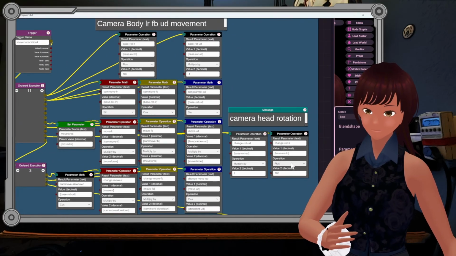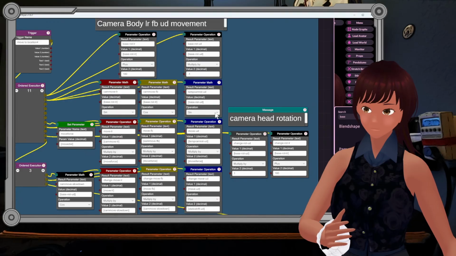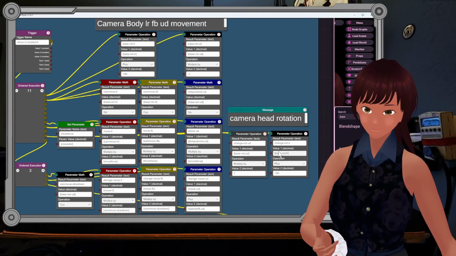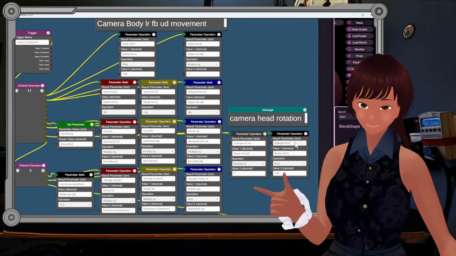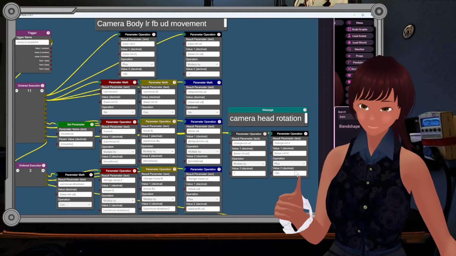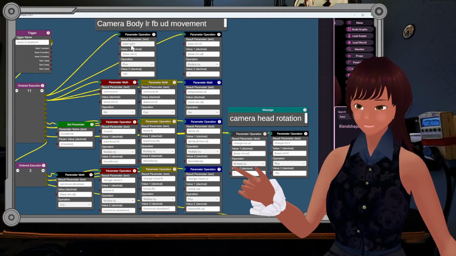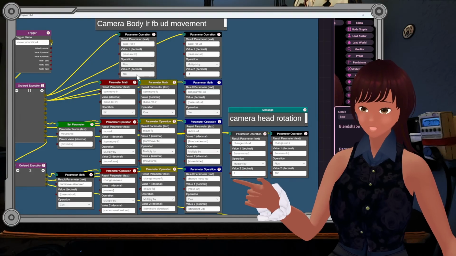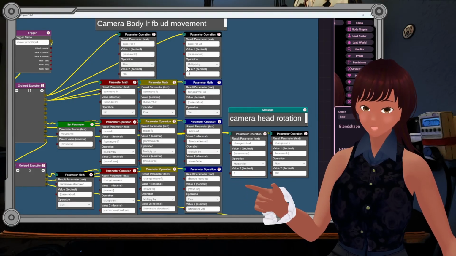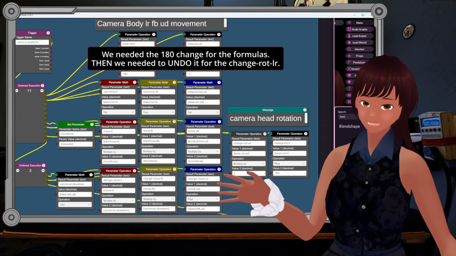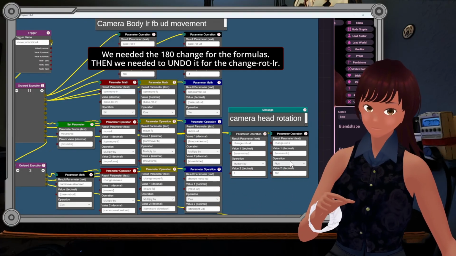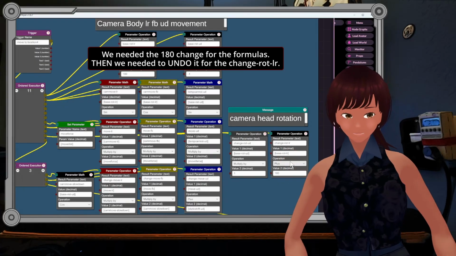But that's why these two things, even though they look pretty identical, I mean, this one you're taking a value base rotation and you're putting it into change rote left right with a plus 180, and that one up there, well, you're taking base rotation, just changing it 180. Well, why are you doing it twice? Well, it's because the value needs to be different for these different bits, and you saw visibly what happened.